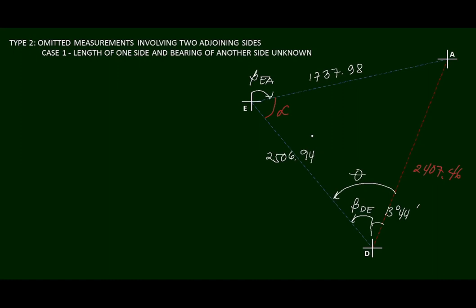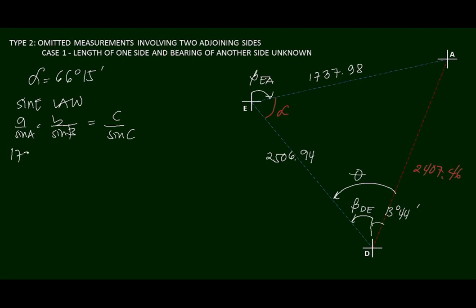So we have solved a while ago the value of your alpha using your cosine law, that is 66 degrees, 15 minutes. So we can use your sine law. That is A over sine of A is equal to B over sine of B is equal to C over sine of C. So, ang ginamit ko kanina na A ay si 1,737.98 over yung angle na opposite ni 1,737.98 ay si theta, right?